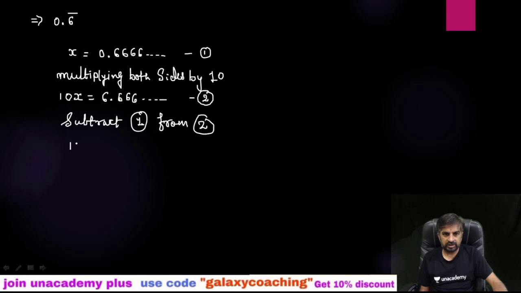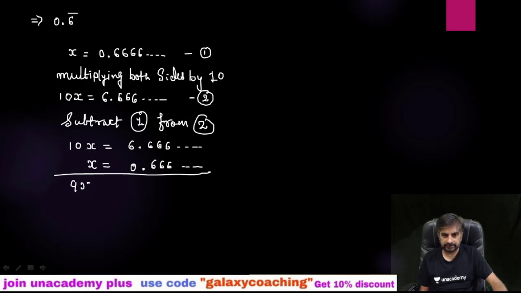So now let me write down here 10x equals to, this is bigger, 6.666 and so on, and x is equals to, now you need to match the decimal point, 0.666. When you subtract this, 10x minus 1x will give you 9x, and here this will get cancelled, 6 minus 0 will be 6.